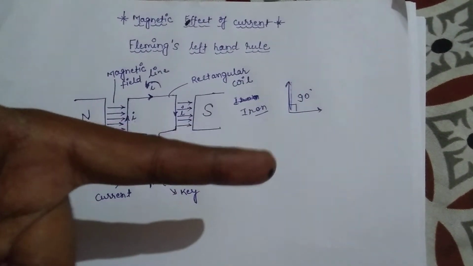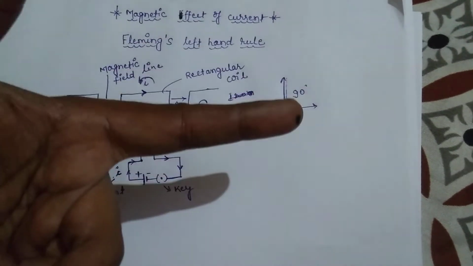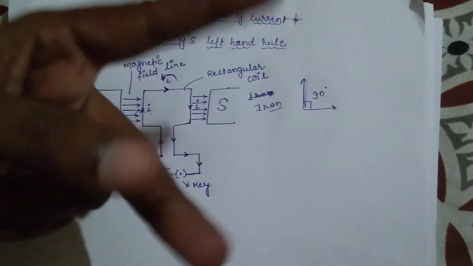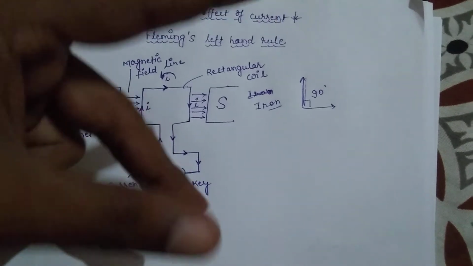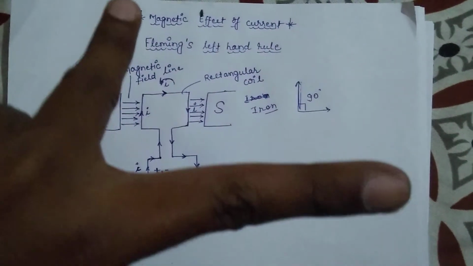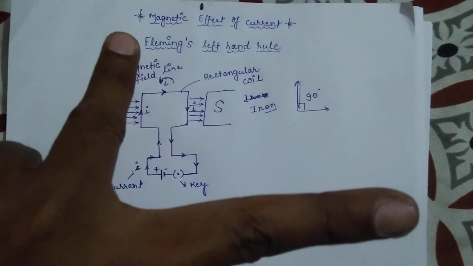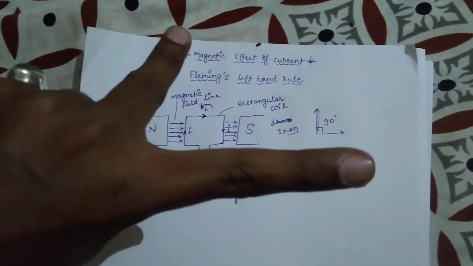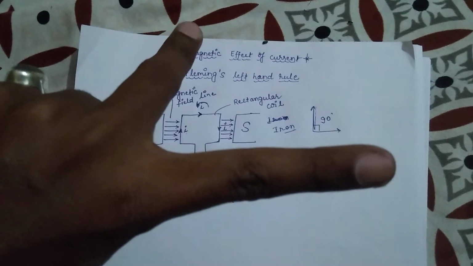I'm going to show you where the current is going. This is the magnetic field line, and this is your middle finger, so denote your middle finger in the direction of current. Look, this is the forefinger and this is the middle finger.